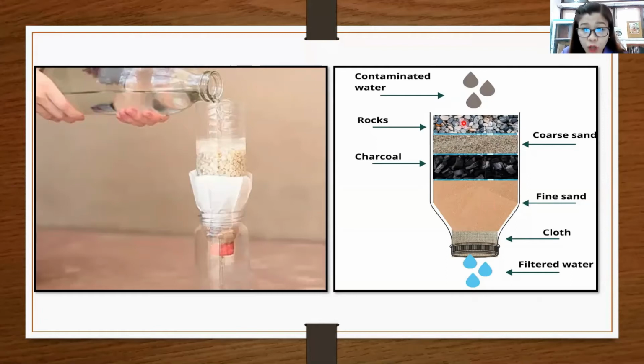As water flows through the soil, the harmful solid substances are trapped in the pore spaces. So at the end of this part, the water is already filtered. It means it is safe. Usually campers use this method to filter water from rivers and even from rainwater.